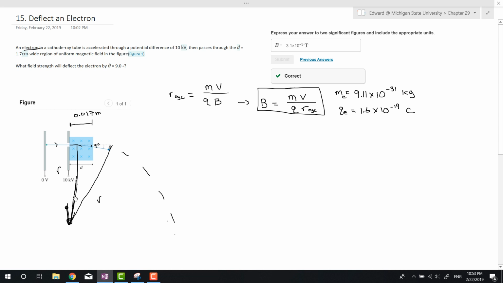We can call this a radius line right there. We can find this angle right here because that'll just be 90 minus 9. And 90 minus 9 is 81 degrees. And then if this was to be a right triangle, then we can find this angle right here.